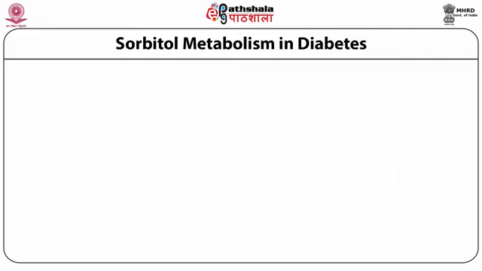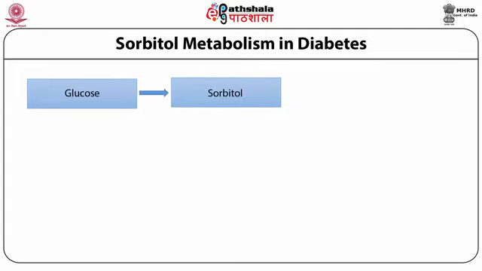The following figure shows sorbitol metabolism in a diabetic patient. The formation of sorbitol from glucose proceeds rapidly in the lens of the eye and in the Schwann cells of the nervous system. Sorbitol cannot pass through the cell membrane, and in the diabetic, sorbitol levels build up in the cells because the rate of oxidation of sorbitol to fructose is decreased.